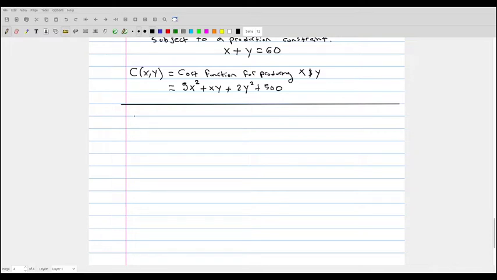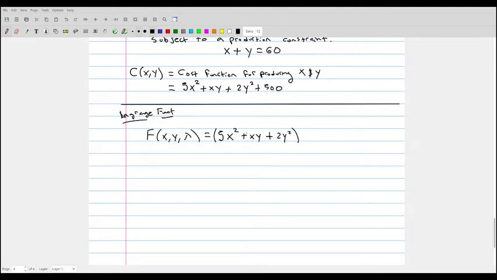And that's because we can construct our Lagrange function, which is going to be capital F of x, y, and lambda, which is 5x squared plus xy plus 2y squared.